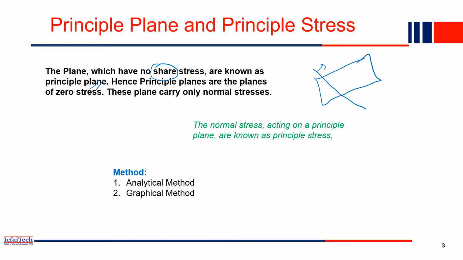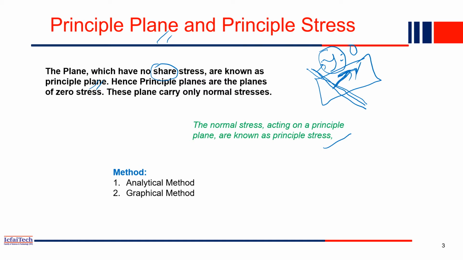So shear stress tau will be 0, whereas normal stress will have some value. That plane we call the principal plane. So the principal plane means where shear stress is 0. The normal stress acting on a principal plane is called principal stress.